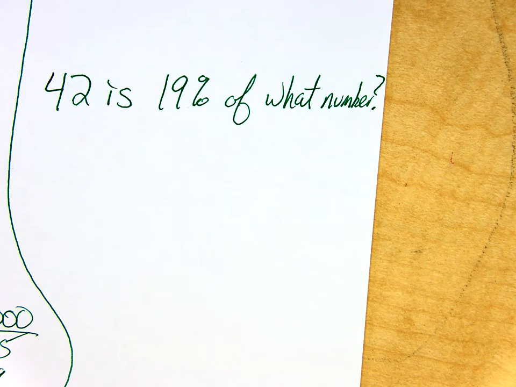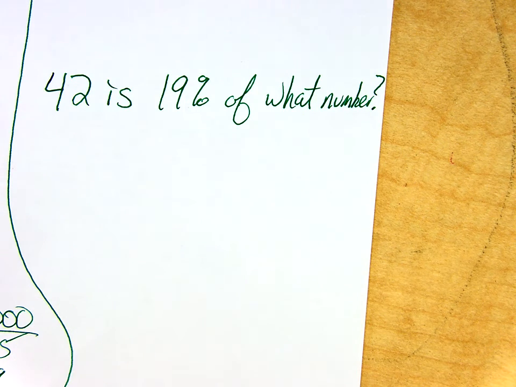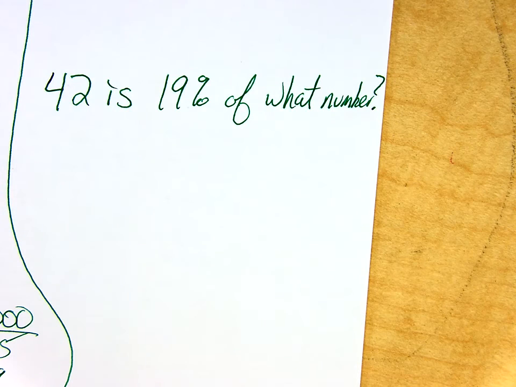Yeah, so did everybody hear that before I even start? 42 is 19% of what number? So 42 is only 19% of this bigger number. So I'm expecting a number as my answer that's quite a lot bigger than 42, because 42 is only 19% of this big number.